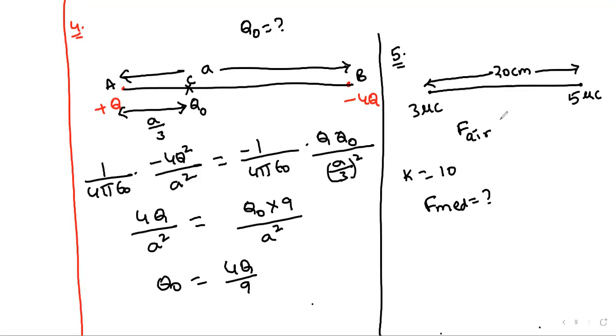So F air I can write as 1 by 4 pi epsilon naught into Q1 Q2 by R square.